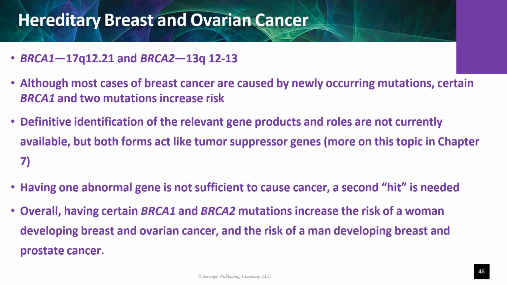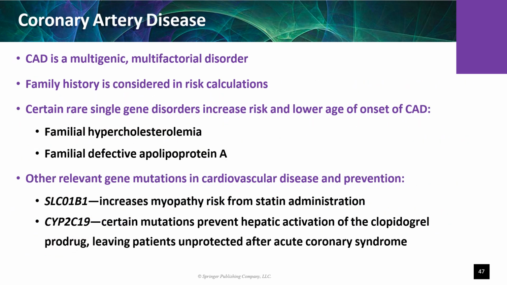When considering hereditary breast and ovarian cancer, geneticists look for the BRCA genes. These are the mutated genes that are thought to cause breast cancer and ovarian cancer through genetic sharing. With coronary artery disease, we still need to consider family history.